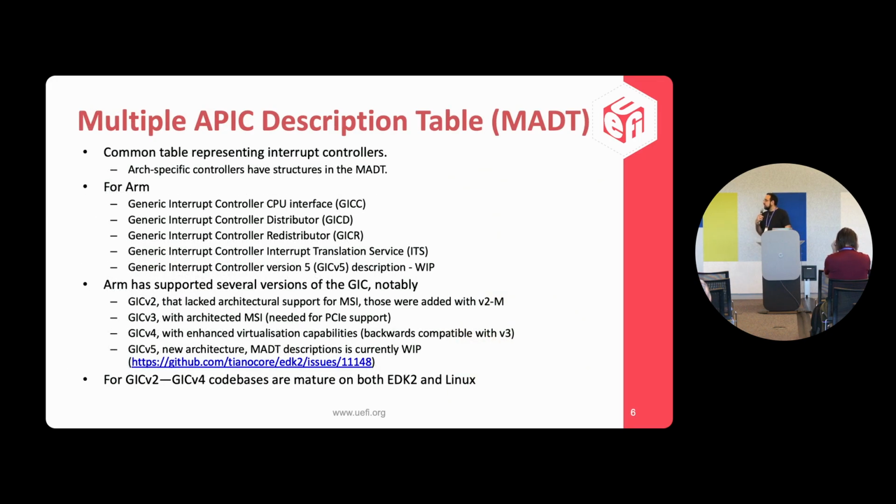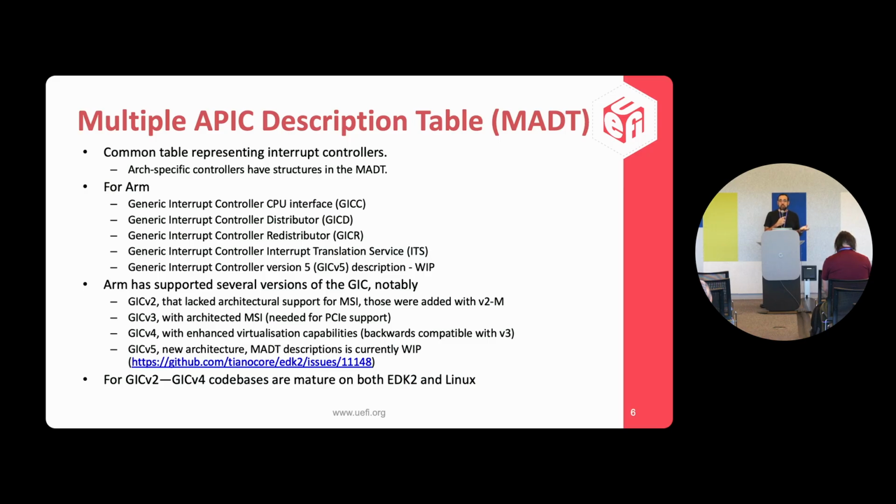So the first table I'll cover in a hopefully quick series of overviews of different ACPI tables are the changes to the MADT table in the ACPI spec itself. So those are ARM architecture specific, but they are in the ACPI specification.